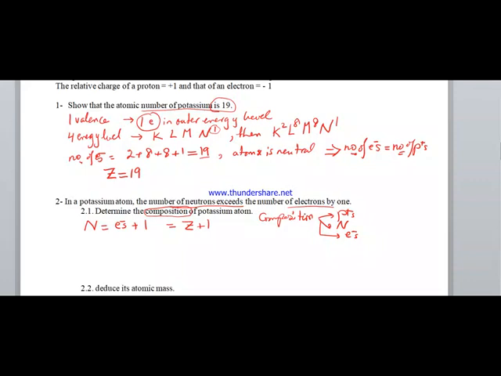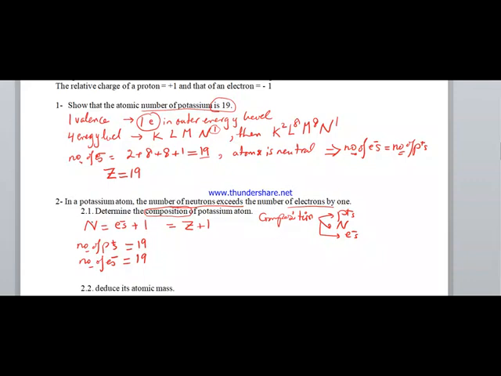This means, by composition of atom, find the number of protons, neutrons and electrons. The number of protons from part 1 is equal to 19. We prove this: number of protons is equal to 19 here from part 1. Also the number of electrons is equal to 19.